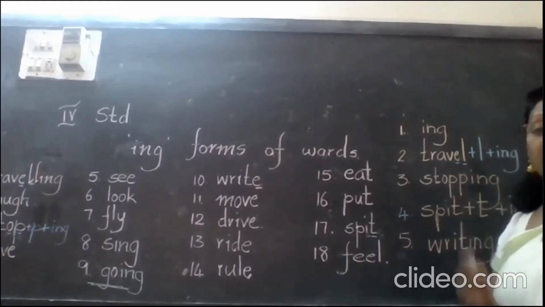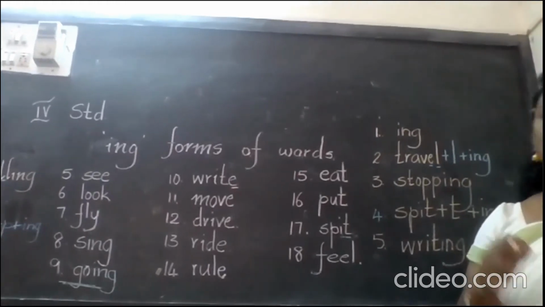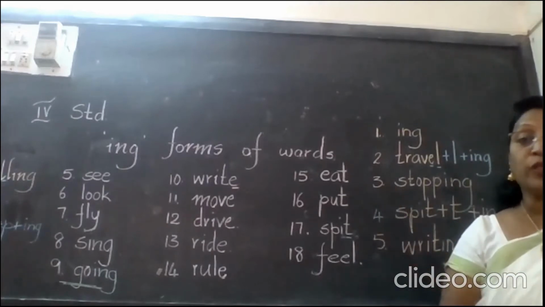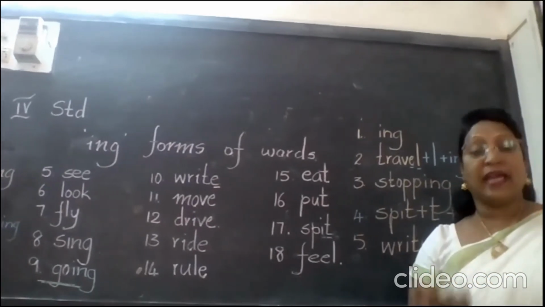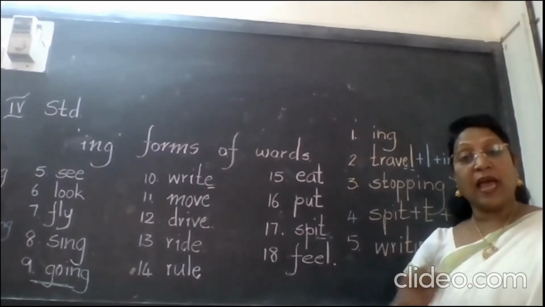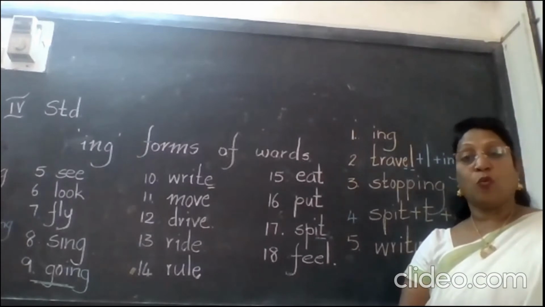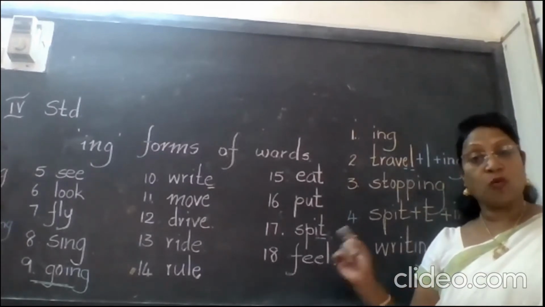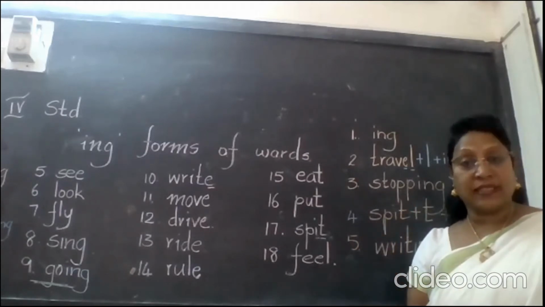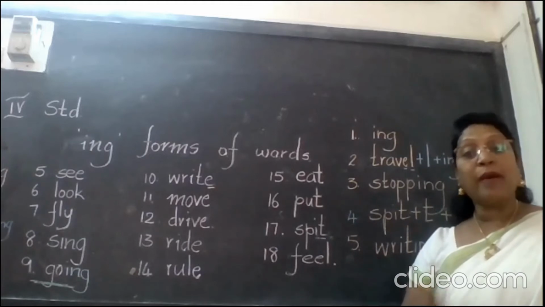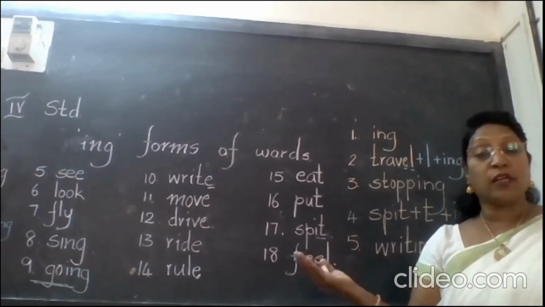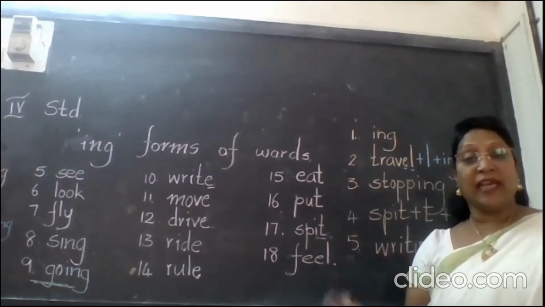So if the verb ends with E, all that we have to do is remove the E and add ing. So rule number 1, we do not add or subtract, we just add ing. Rule number 2, we add an extra letter. Rule number 3, we remove the E and add ing.